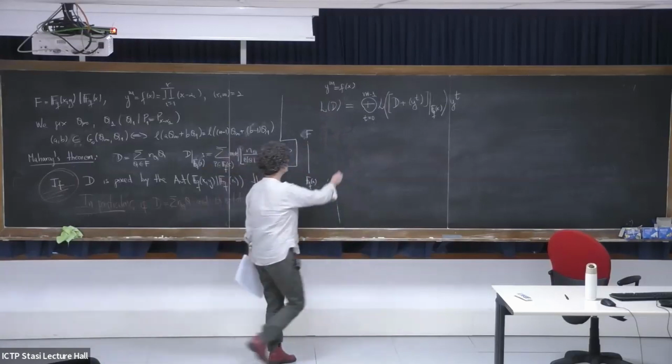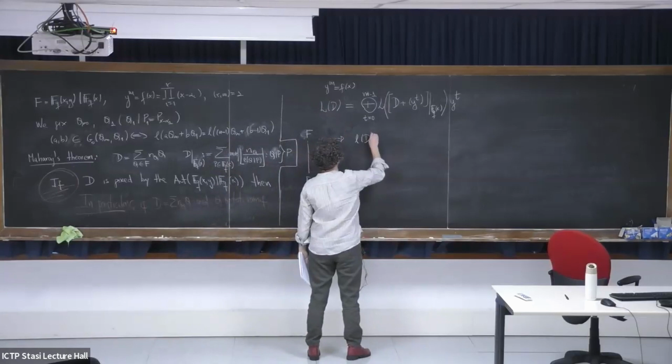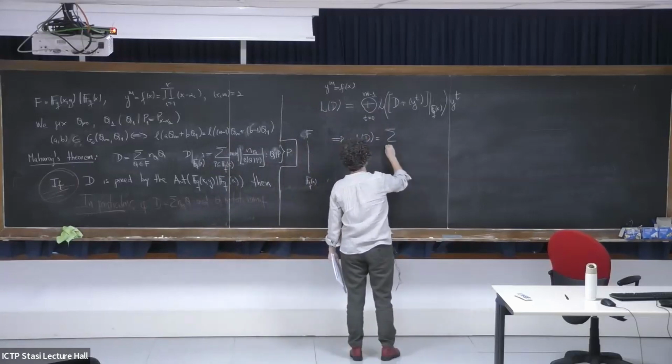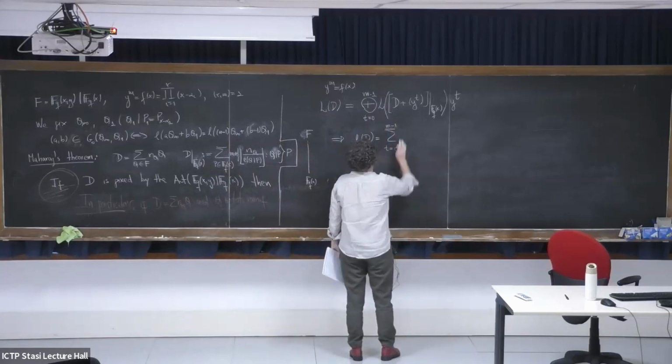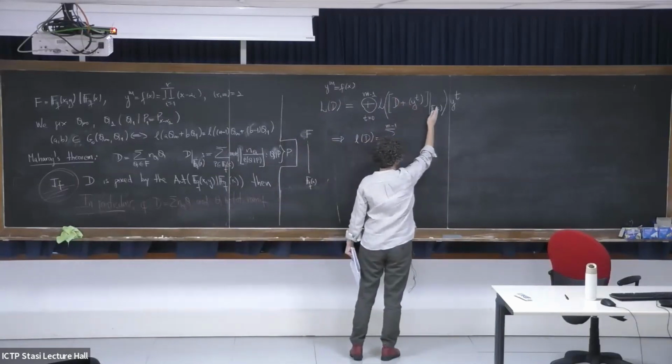So from this, what do we have? Well, you have that L(D) is just the sum, because this is a direct sum, from t equal to 0 to m minus 1. I have the divisor of y, I have my divisor D, so I know how to compute this, I know how to do the restriction.